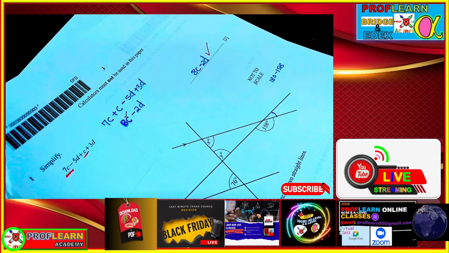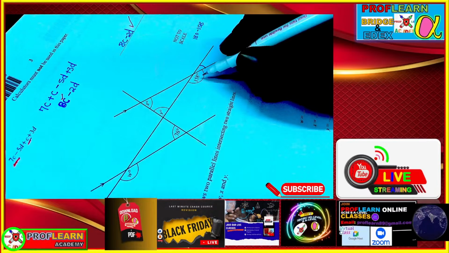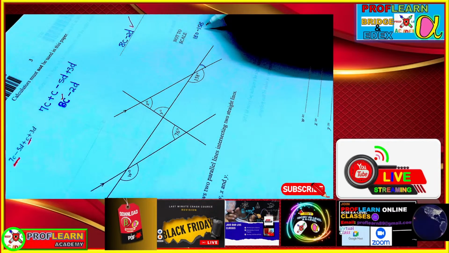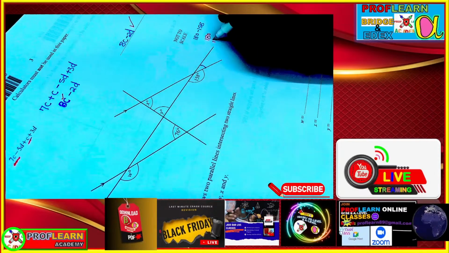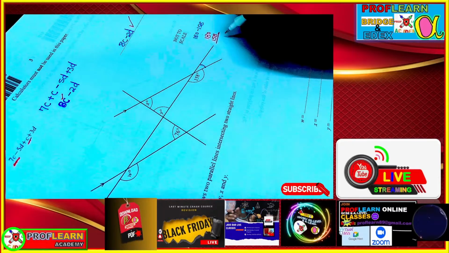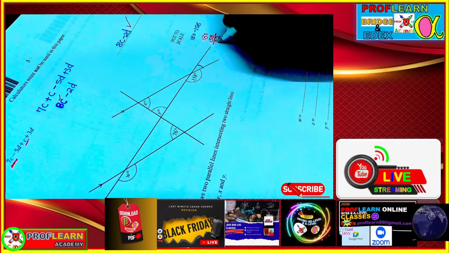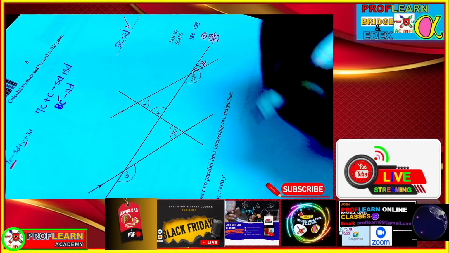The next question given here for non-calculator is a question whereby you are supposed to solve angles. Remember, here we're given 158. What is 180 minus 158? You are going to subtract 158 from 180. You borrow 1, and this becomes 10. 10 minus 8 is 2. Here is 7, then you have 22. So this angle at this point is 22.